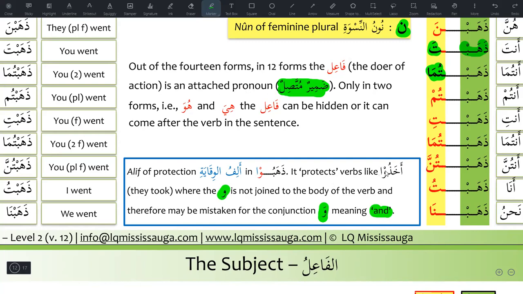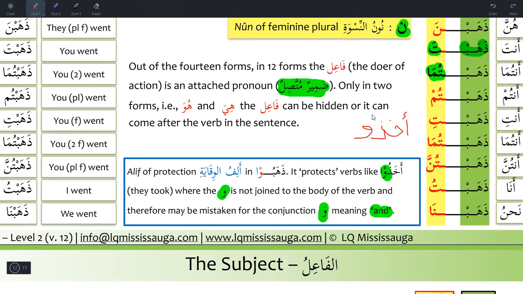In akhazu, this waw is subject here. This waw is fail here. And if we don't put alif, like I explain you here, a, kha, zu, okay, a, kha, zu.